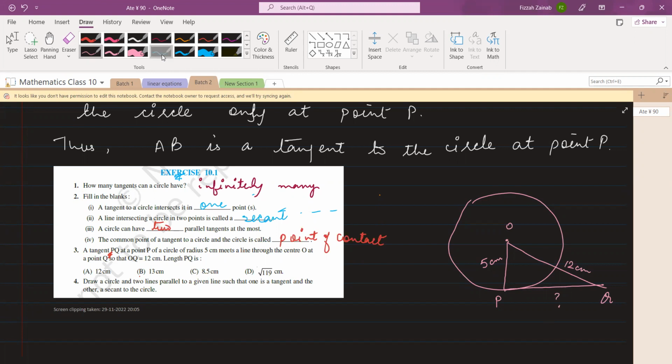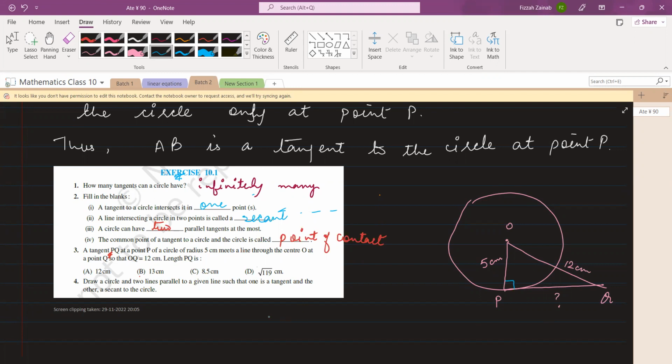Pythagoras theorem. Why can I use Pythagoras theorem? Ma'am, because OPQ would be 90 degrees. Exactly. So we will use the theorem that the tangent is perpendicular to the radius, and therefore it is a right angled triangle, right?